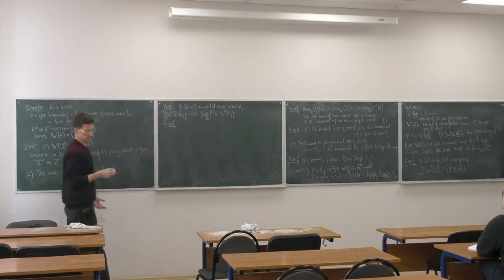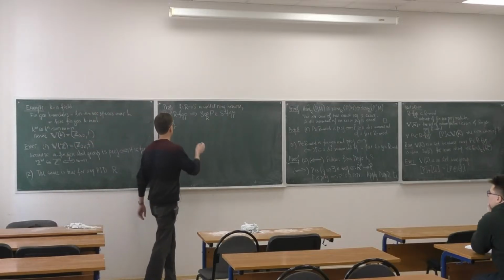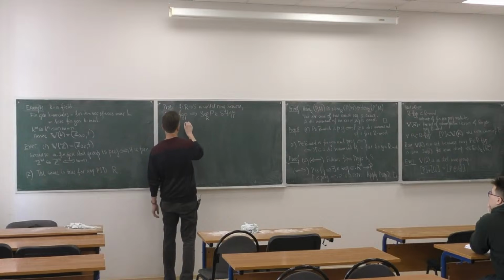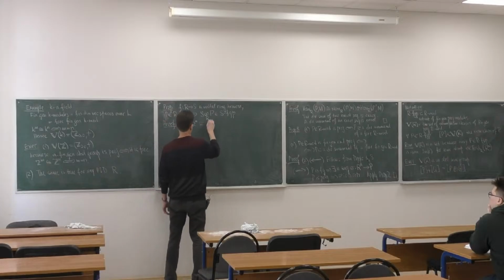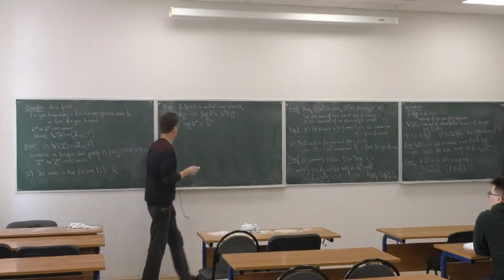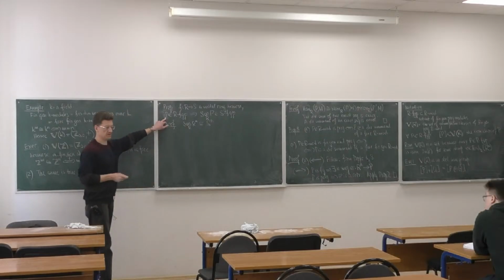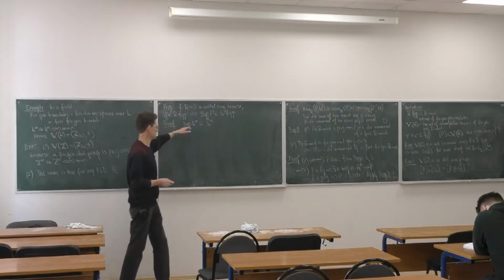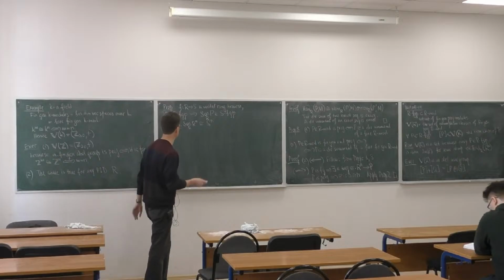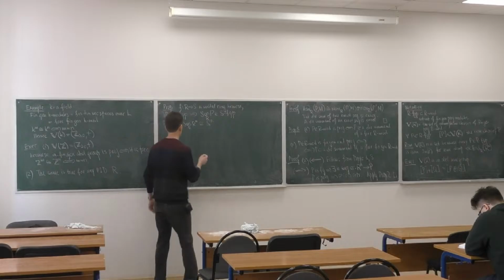The proof is very easy. First of all, we observe that this is true if P is free. And if P is not free but is finitely generated and projective, then it is a direct summand of this module. And this functor is additive. It takes direct sums to direct sums.